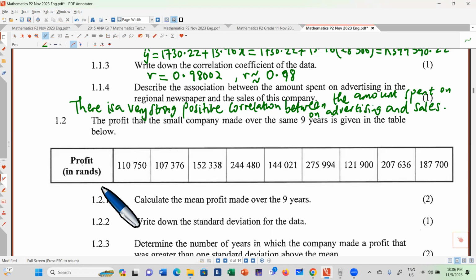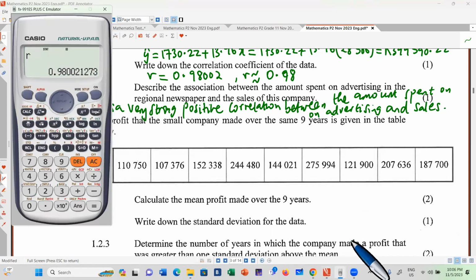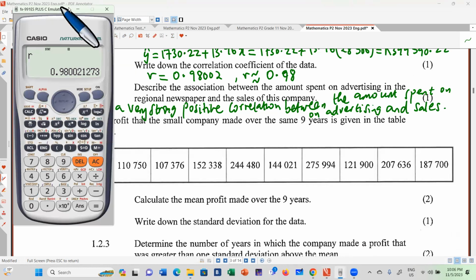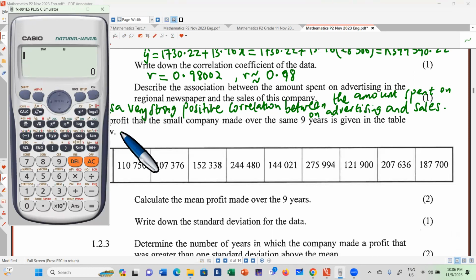Right, having minimized the screen, let's launch the calculator again. Here is the calculator. It's a movable calculator. You can see that we have the profit in rands. I'm going to go to the mode again because we want to enter this data. Now I'm going to go to stat, which is 3.